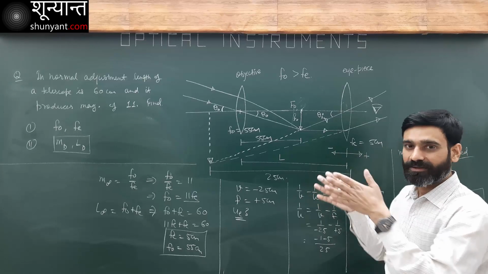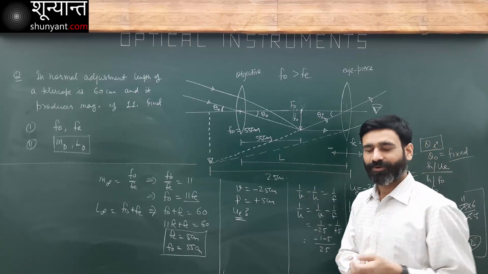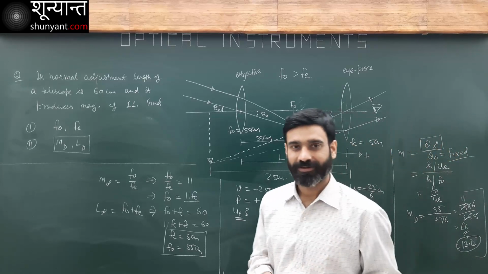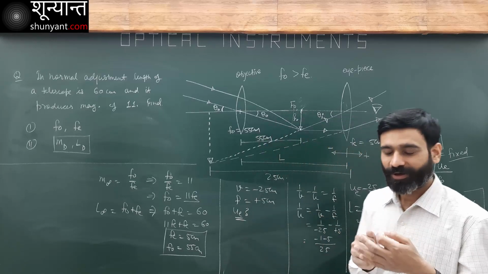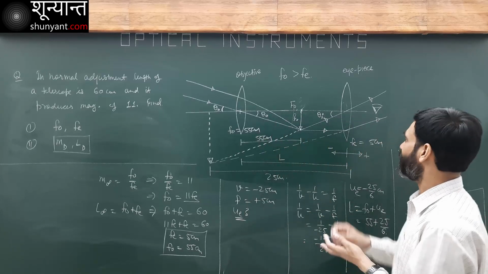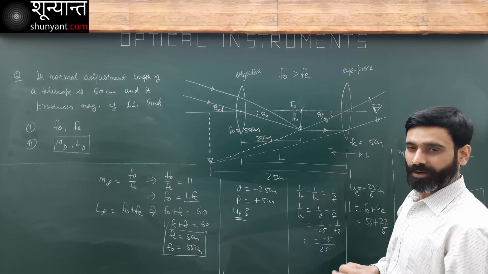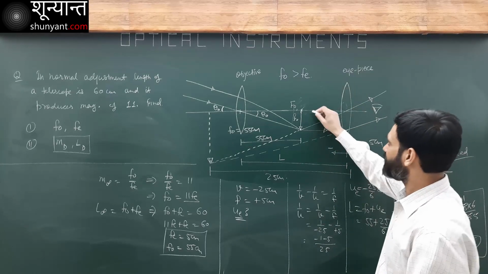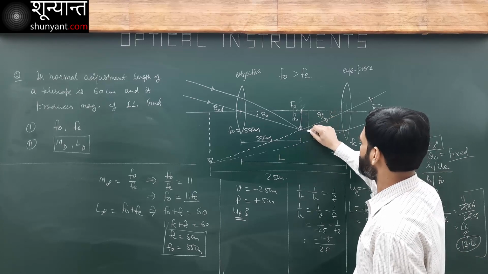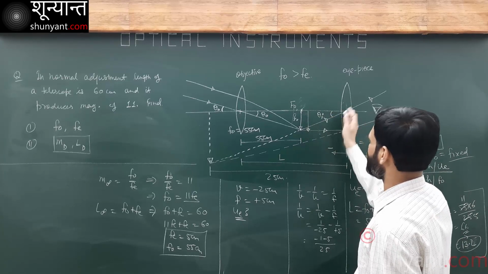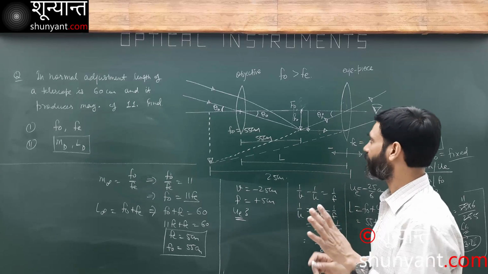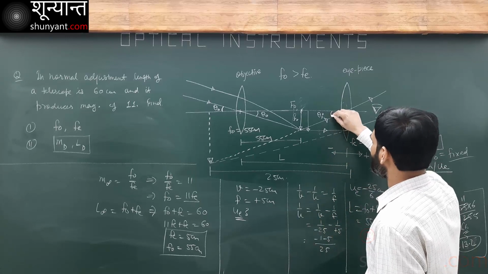The length decreases. Length in normal adjustment is more. Length in near point adjustment is less. I will have to shift this lens, or effectively this object is shifted towards the lens. What will be the effect on this angle?